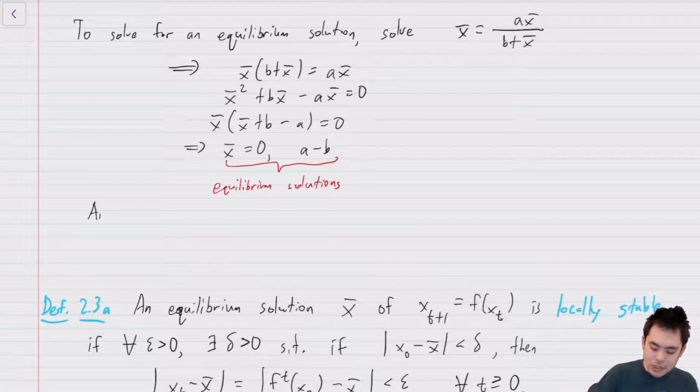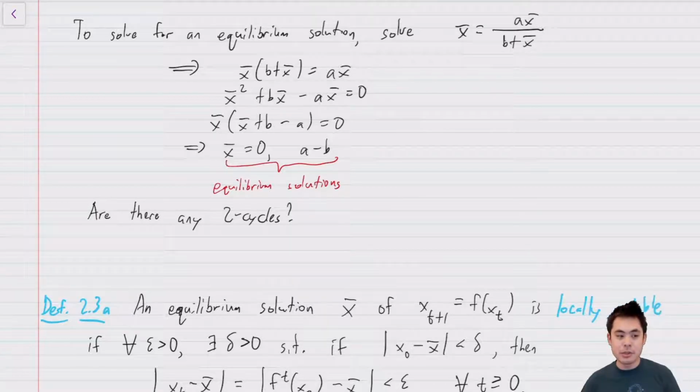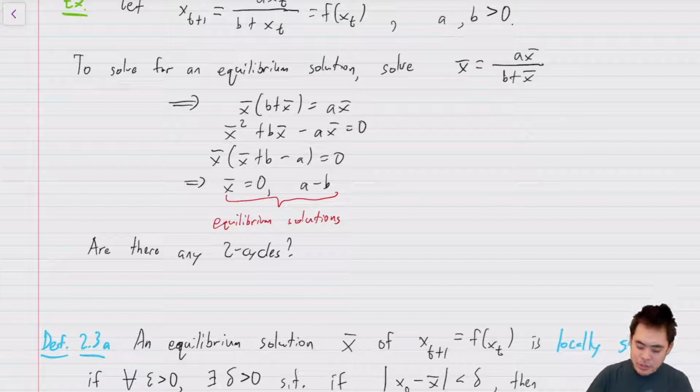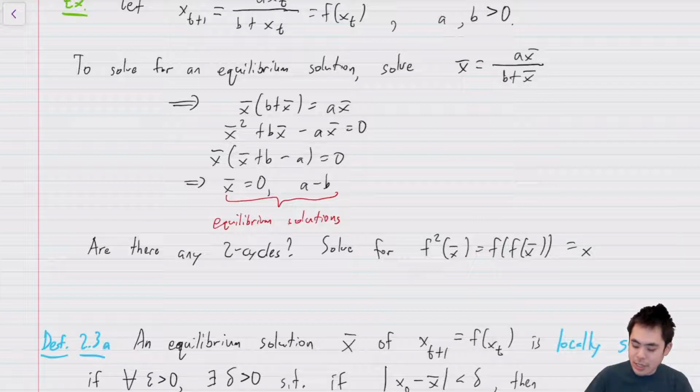Now, let's ask another question. Are there any 2 cycles? So periodic solutions with period 2. Well, in this case, to find 2 cycles, we need to solve for something similar. Solve for f squared of x bar is equal to x bar.